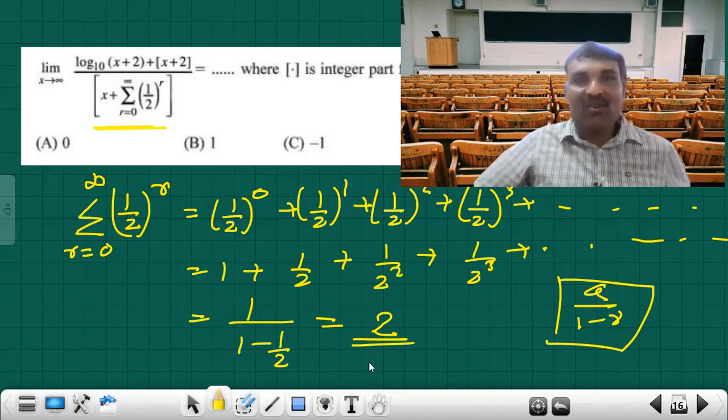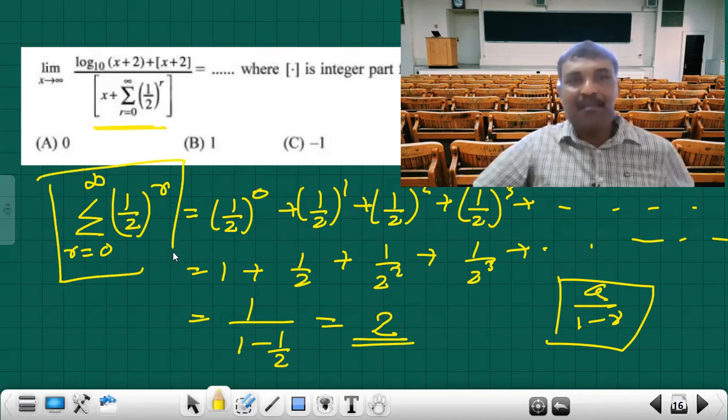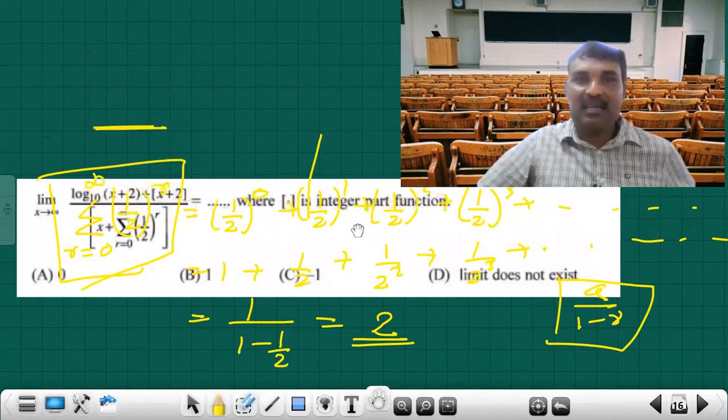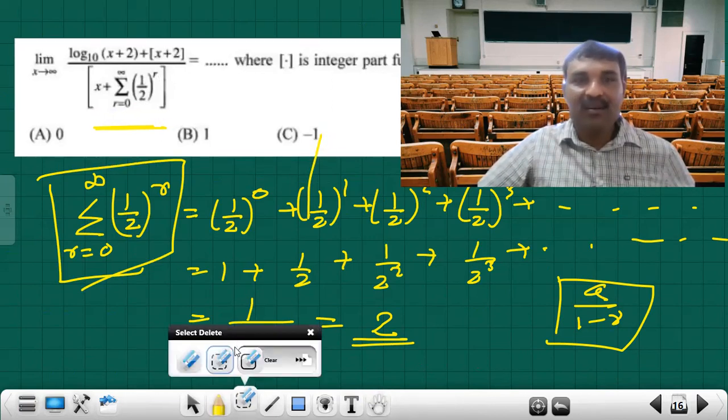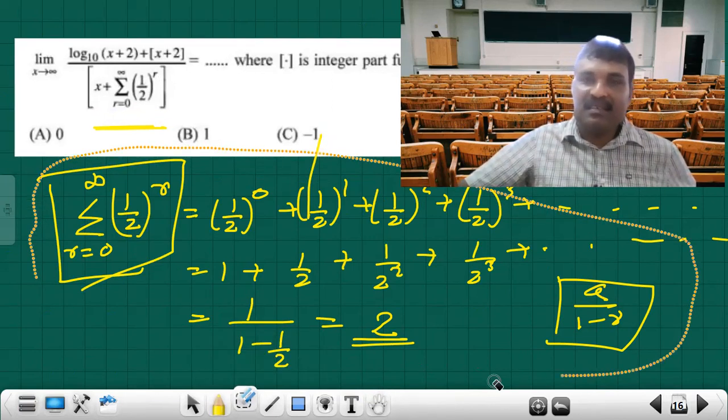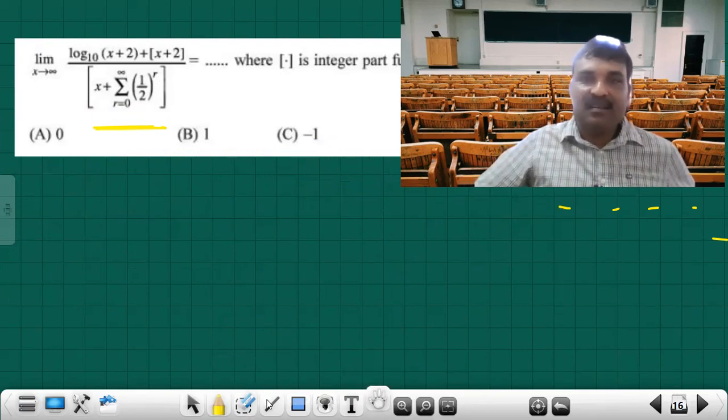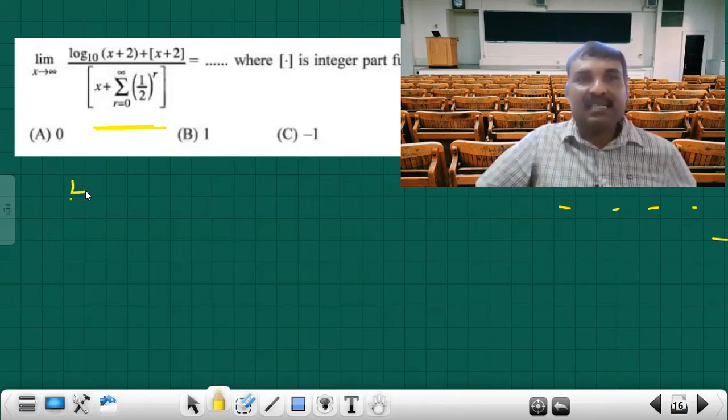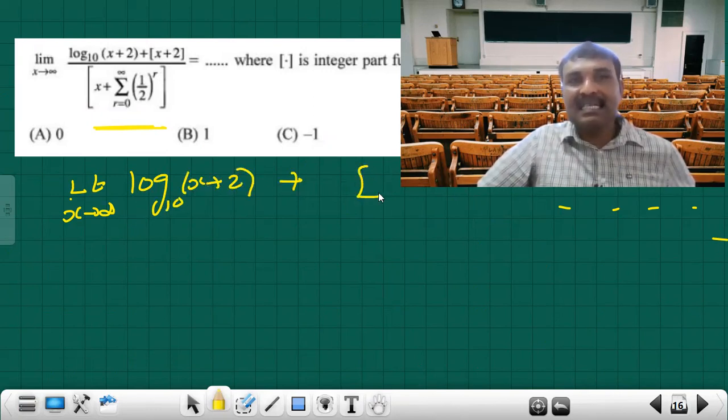So we got the value of this summation, that is 2. Now we can apply the limit. Limit x tends to infinity, log base 10 of (x plus 2) plus the greatest integer function of (x plus 2), and the denominator becomes the greatest integer function of (x plus 2) plus the value of the summation, which is 2.